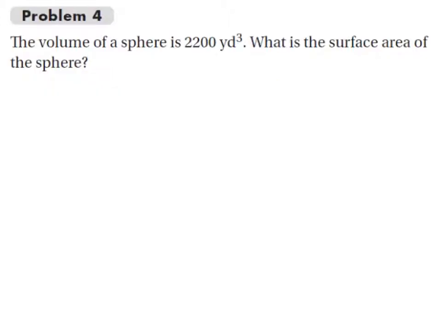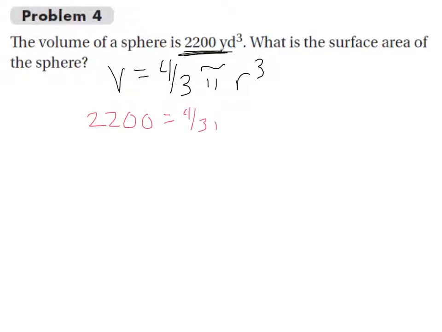So kind of another problem like we had before. It's telling me the volume is this, and I have to find the surface area. So again, the volume of a sphere is 4/3 times pi times radius cubed. Now if I fill in what I know, the volume is 2,200, and this is my formula. So first thing I want to do is get the r cubed by itself.